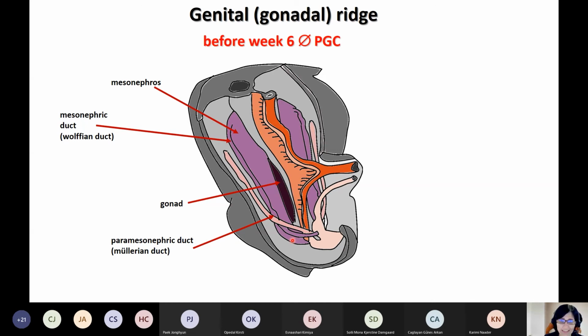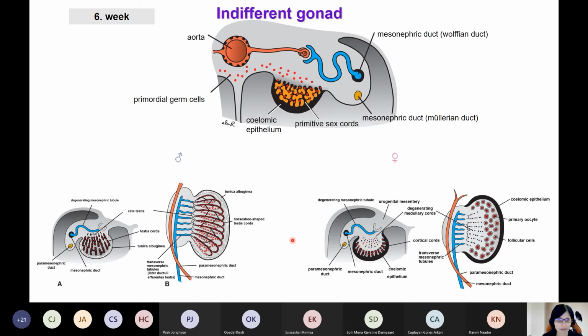First, we will see the development of the gonads. In case of that events, what we've already seen, the primordial germ cells have already migrated along the dorsal mesentery. They have reached the genital ridge. In case of the genital ridge, on the surface we have epithelial cells.